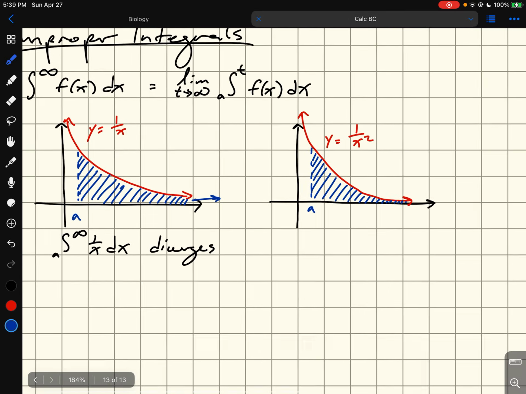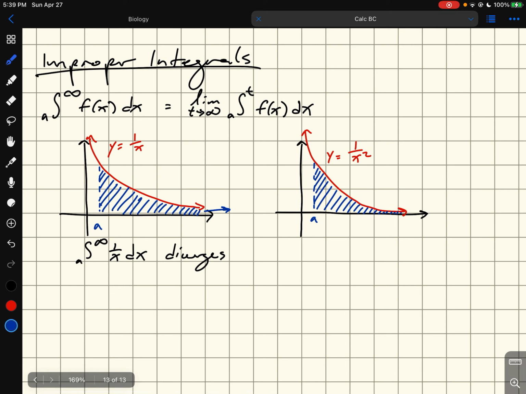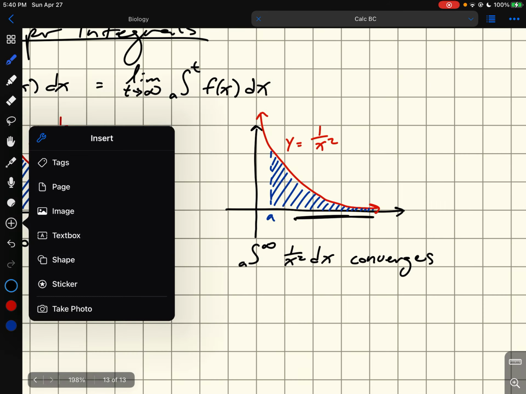So this one converges from a to infinity of 1 over x squared dx. Converges. Because this 1 over x squared, the x values increase fast enough for this fraction to approach 0. See how it's getting very close to this x-axis 0 line? So that's how we know it converges. It converges to a number, which is 0 here.